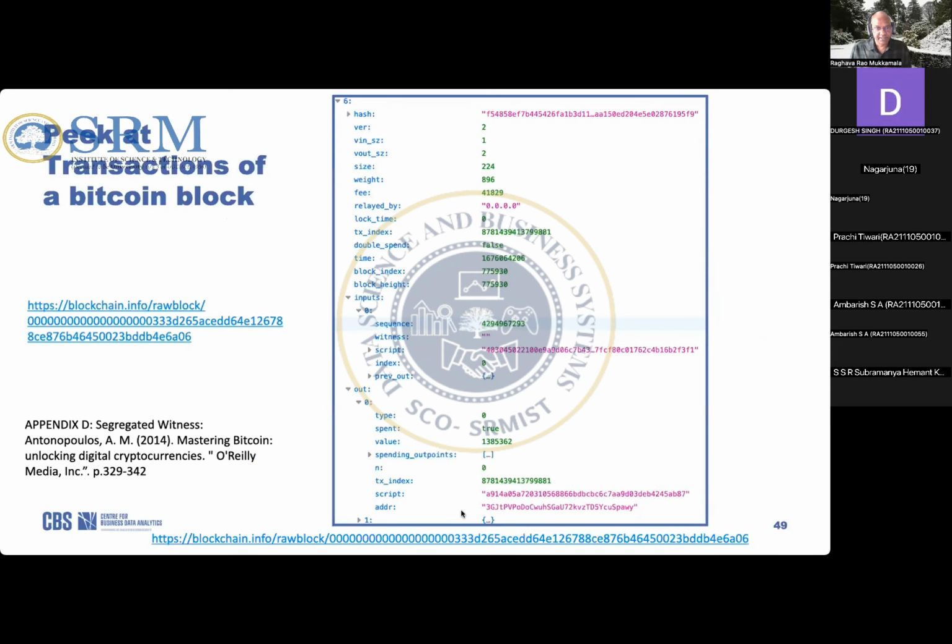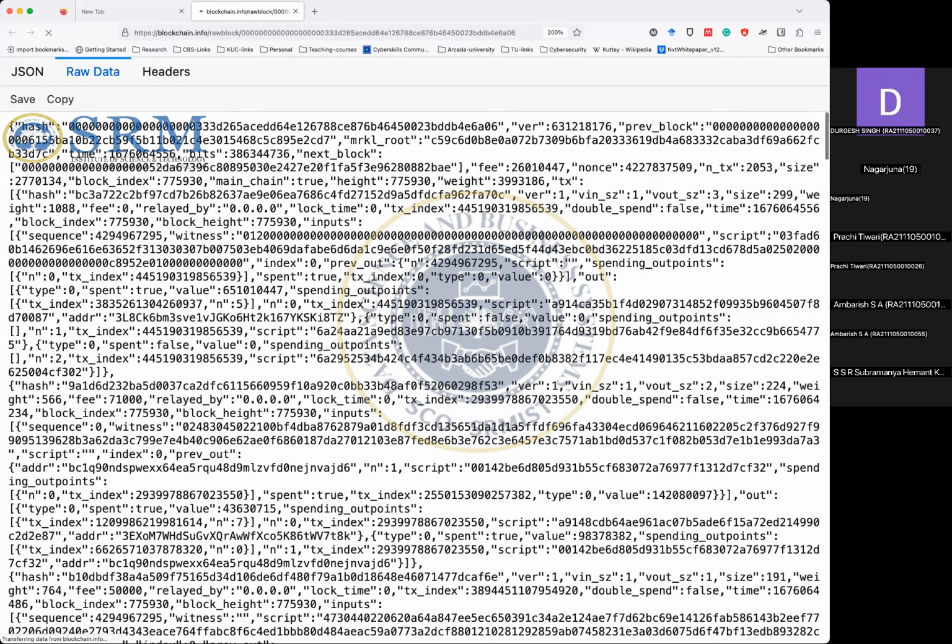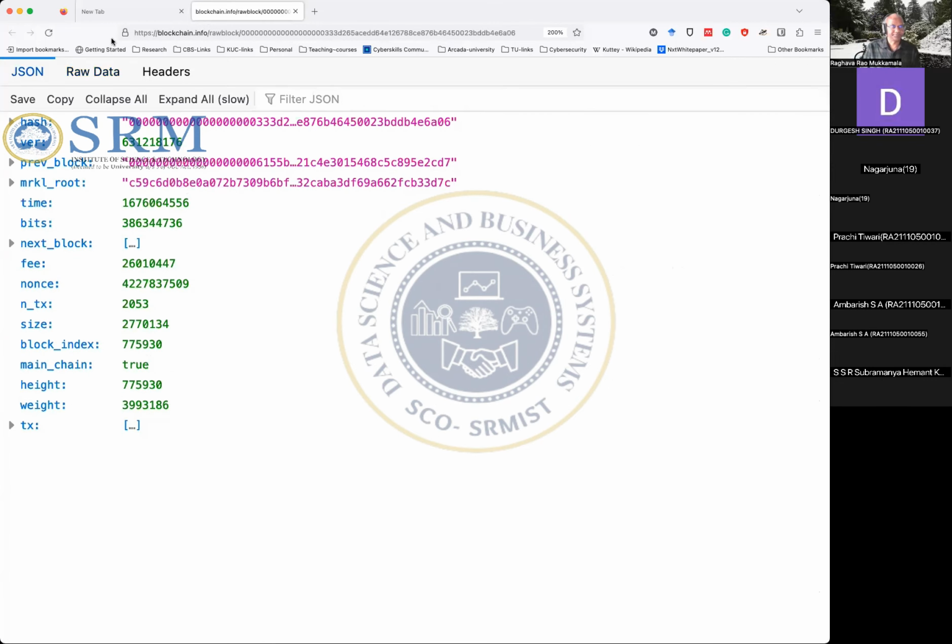Okay, so you can take a look at the Bitcoin raw block. So let me open this. Then I have to stop share and share it back again. So you can see here, the raw data looks like this.